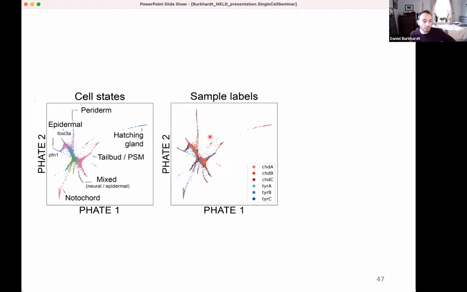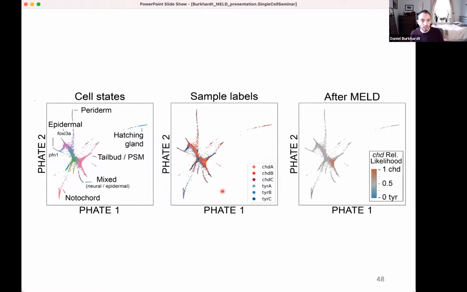But what we do is take this sample label and produce some per cell estimate of the relative likelihood. What I hope you can see pretty clearly here is that in regions where there's a lot of red, we see high relative likelihoods, meaning high likelihood of being observed after cordon perturbation. And in regions where there's a lot of blue, we see lower likelihoods.